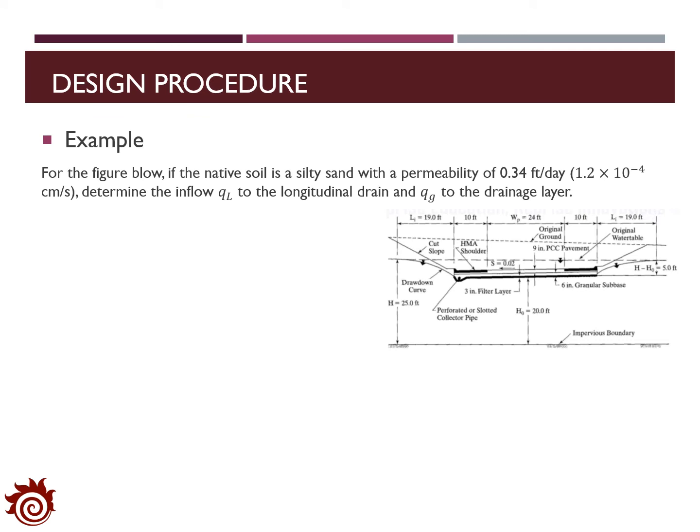From the example, we know that the pavement is sloped and the collector pipe is only installed on one side of the pavement. So we need to call the following two equations to estimate the QL and Qg.